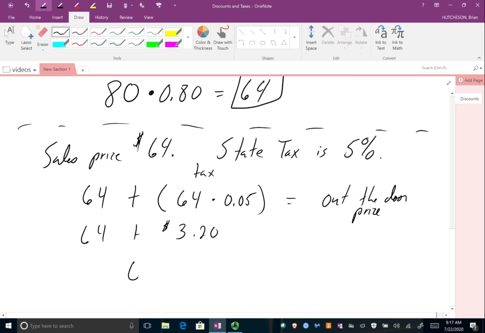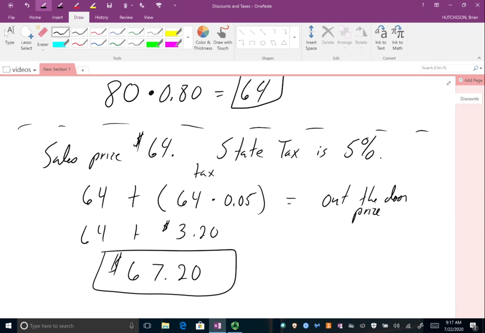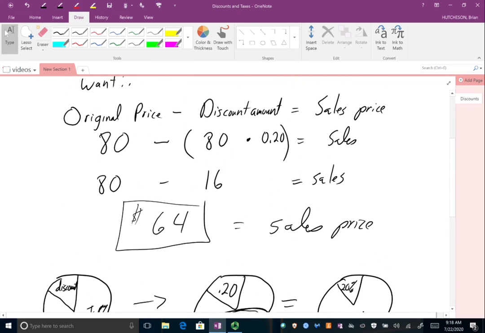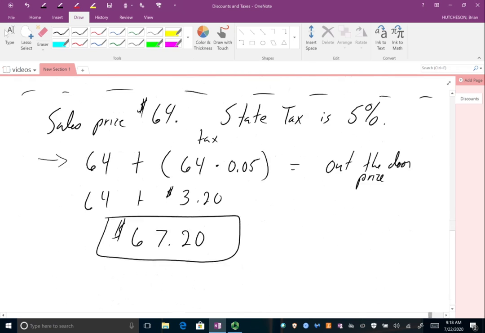Which means that's going to come out to $67.20. So I am showing a method, but for you watching this, if you know how to factor, if you factor this right here, you'll find a shortcut. Same way up here. If you were to factor this statement, you'd find a shortcut.